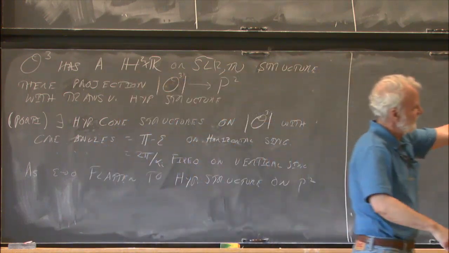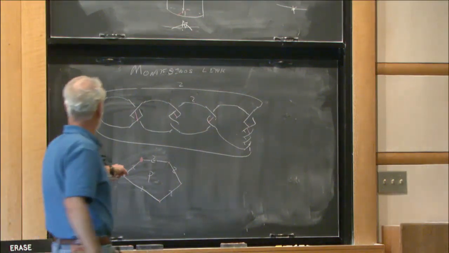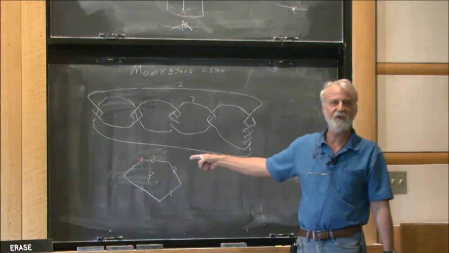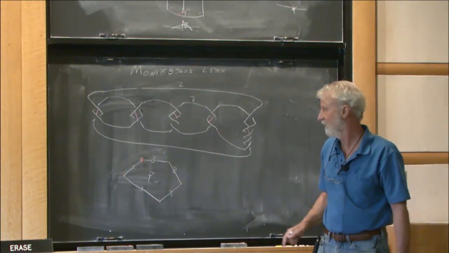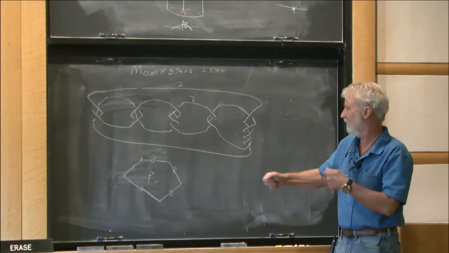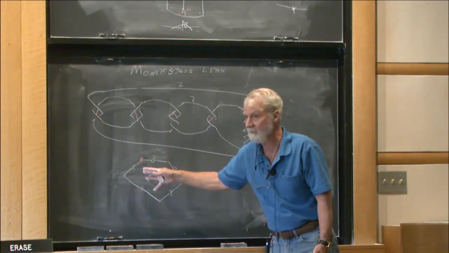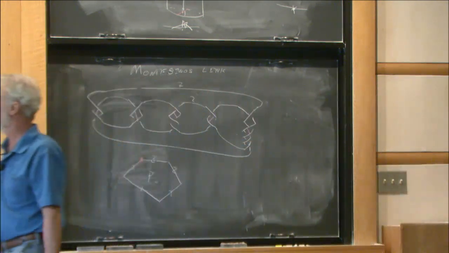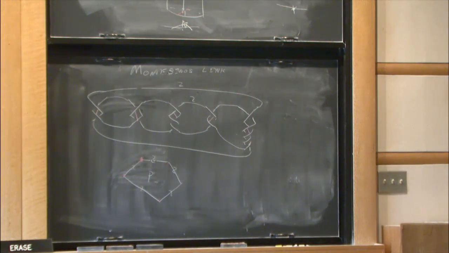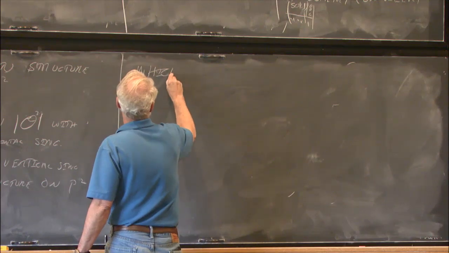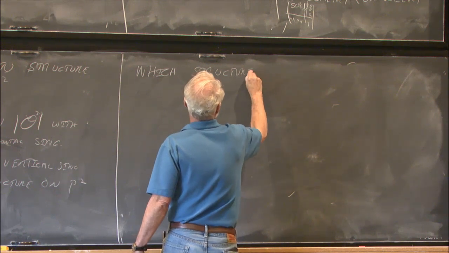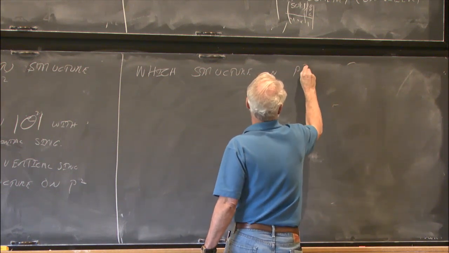But as long as this is something where, again, we're fixing these angles here, there's a whole Teichmuller space of things here, right? As long as this isn't a triangle, there's actually a whole parameter family of these elements here. And so we can, again, ask the same question, which structure on P2?